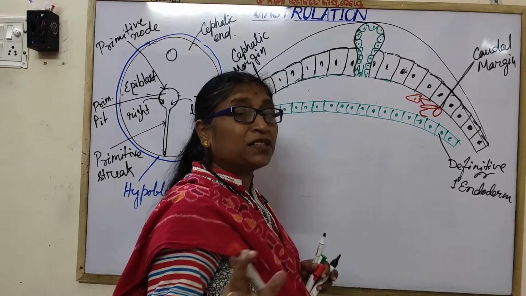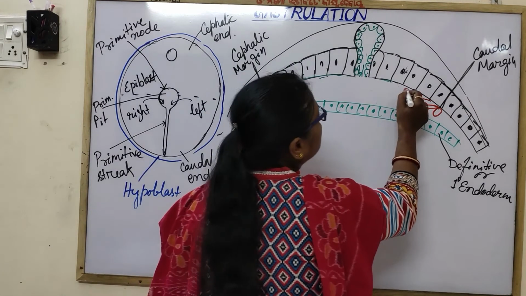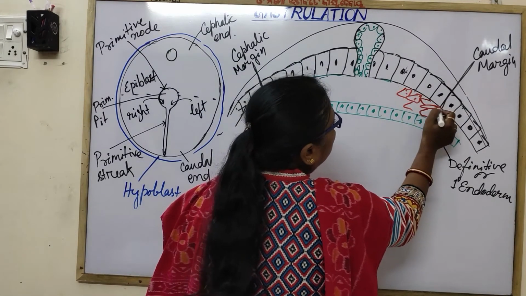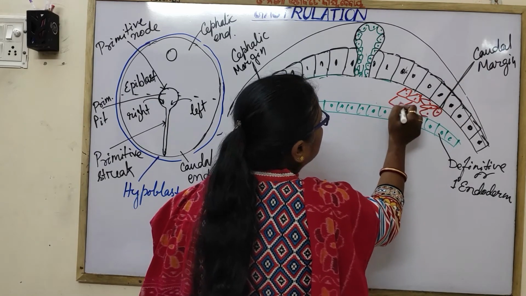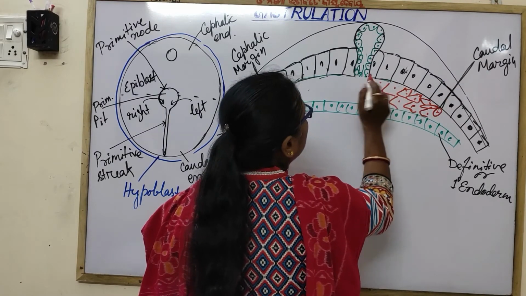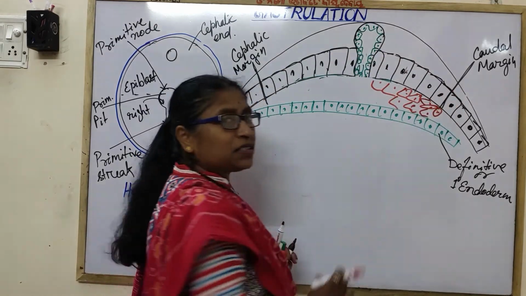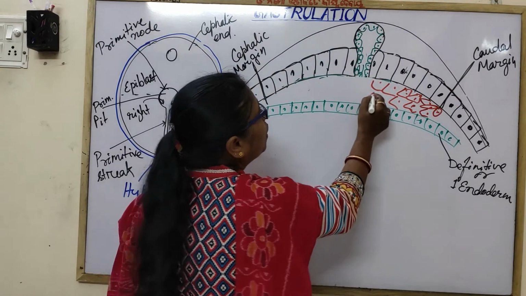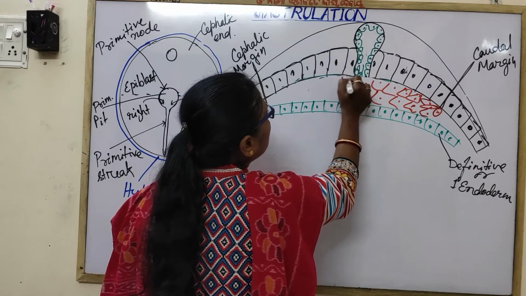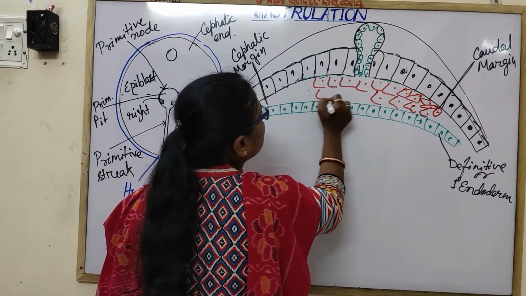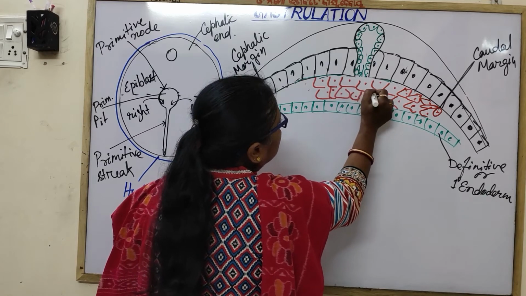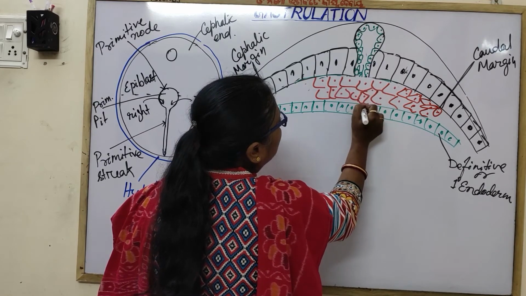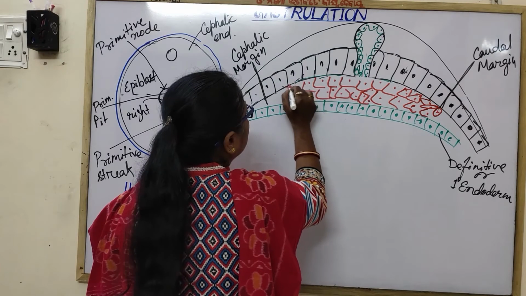Now there is no more hypoblast, only newly formed endoderm. The cells proliferated from the caudal region remain in between the epiblast and the newly formed endoderm.